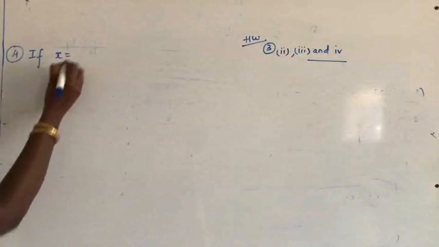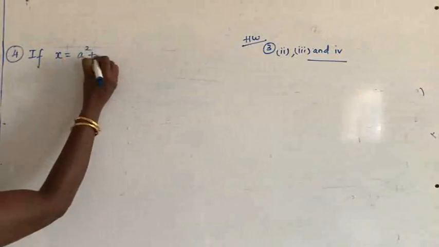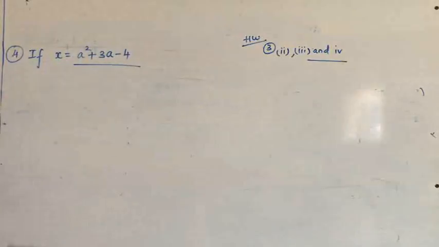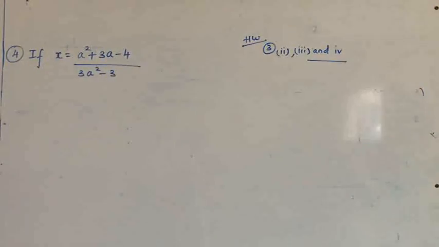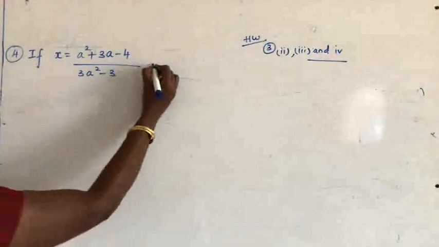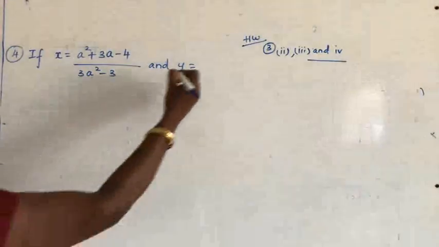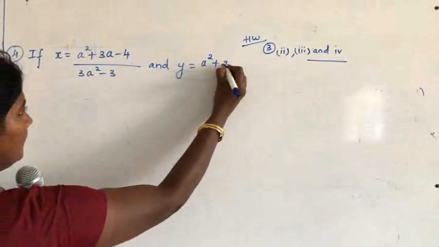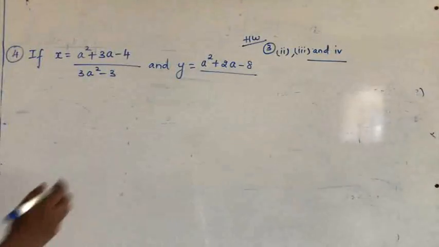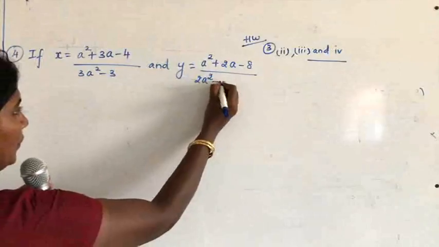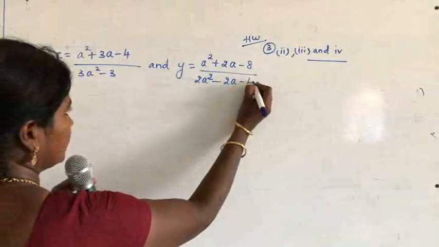If x is equal to a square plus 3a minus 4 upon 3a square minus 3, and y is equal to a square plus 2a minus 8 upon 2a square minus 2a minus 4.